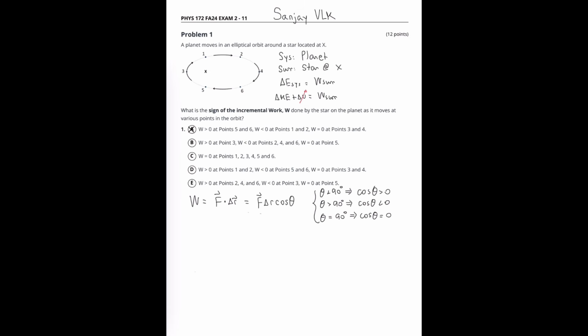Now that we have that, we need to identify three cases in our elliptical orbit. 1, it is moving away. 2, it is perpendicular.